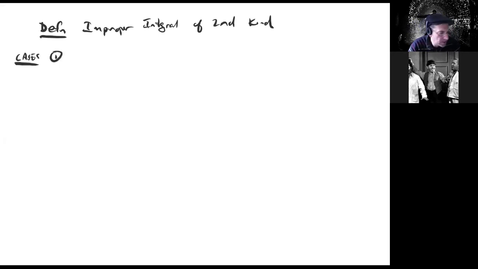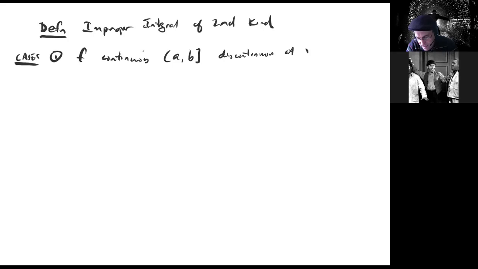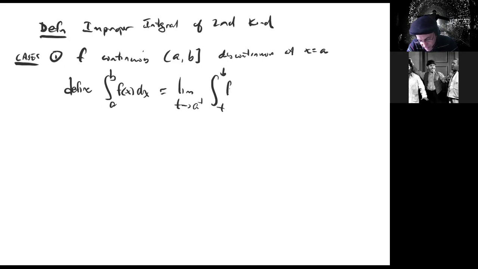The first case is that f is some function which is continuous on the half open interval from a to b and discontinuous at x equals a. So the previous example falls into that category where a is 1 and b is 2. And then we define, in this case, the integral from a to b of f of x dx to be the limit as t goes to a on the right of the integral from t to b of f of x dx.